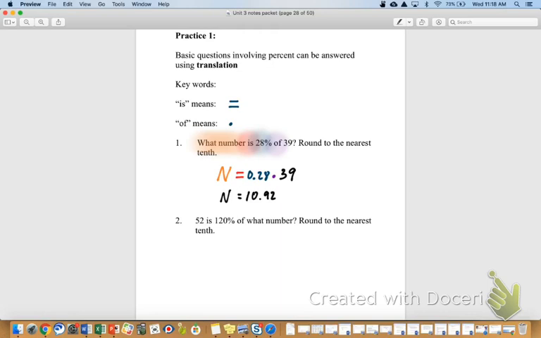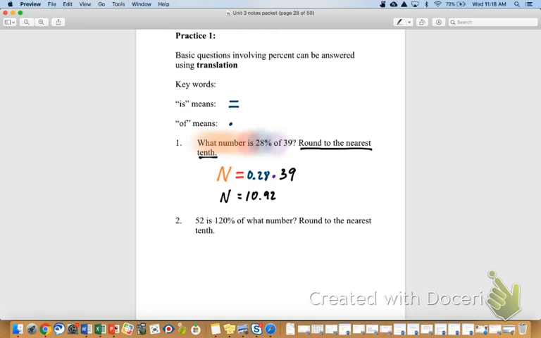So when it says round to the nearest tenth, I am not going to be a hyper stickler on this, but I do want to tell you how I'm going to do this, right? The tenths place, what number is in the tenths place up there? The 9. Yeah. The 9 is in the tenths place. So I want your answer to be accurate to the tenths place.